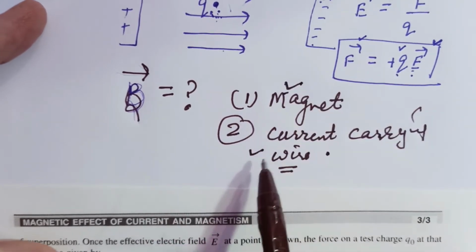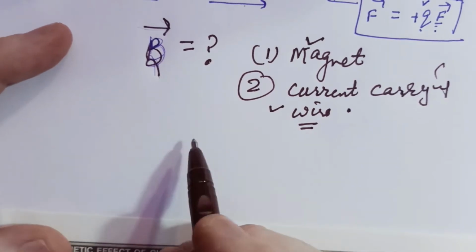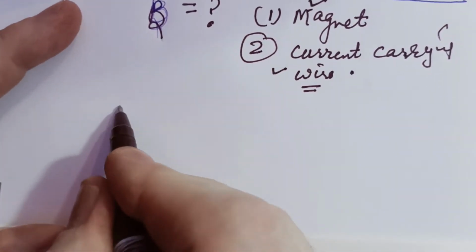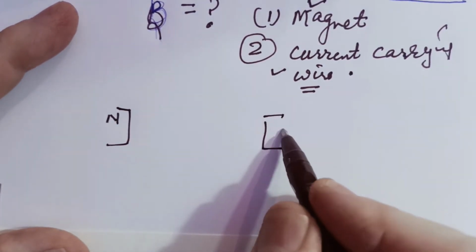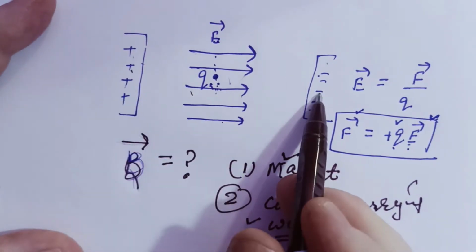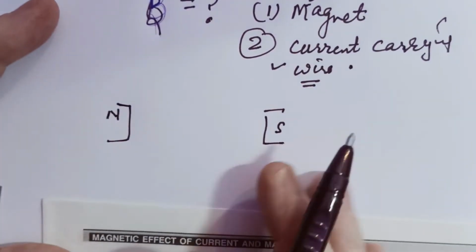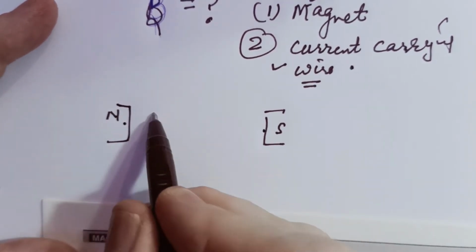Or there will be a field if there is a magnet. Now, if I have a magnet, with the north pole of the magnet and the south pole of the magnet, then as the electric field was positive to negative, the magnetic field always points from north pole to south pole.